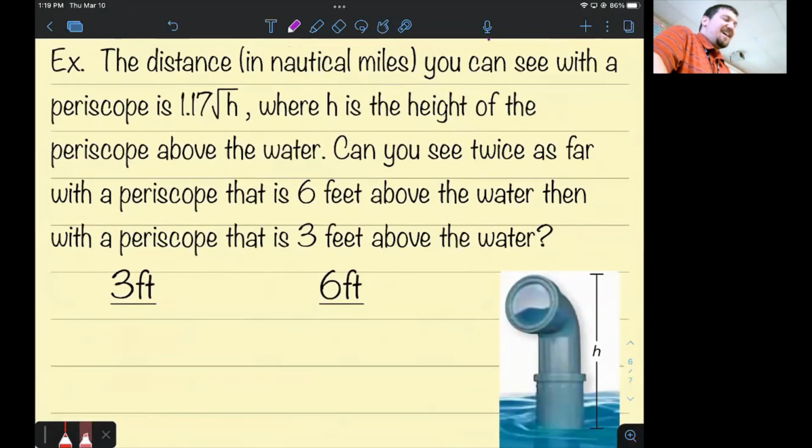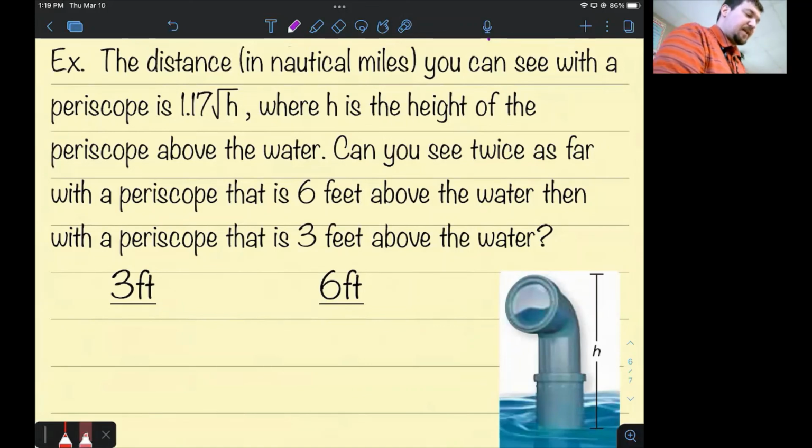All right. Next one, the distance. The distance in nautical miles you can see with a periscope is 1.17 square root h, where h is the height of the periscope above the water. Can you see twice as far with a periscope that's 6 feet above the water versus a periscope that's 3 feet above the water? Let's calculate both and see if it's twice as far.